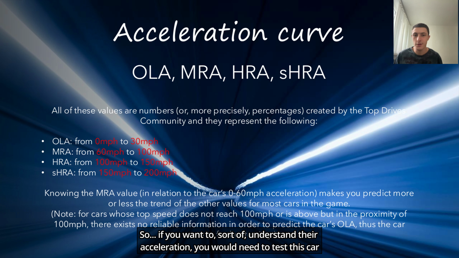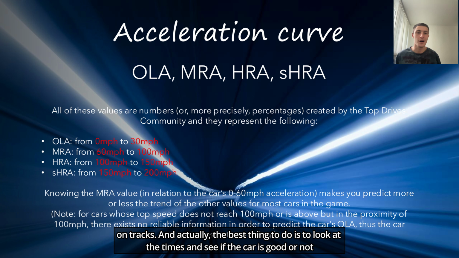If you want to understand their acceleration, you would need to test this car on tracks. And actually, the best thing to do is just to look at the times and see if the car is good or not.